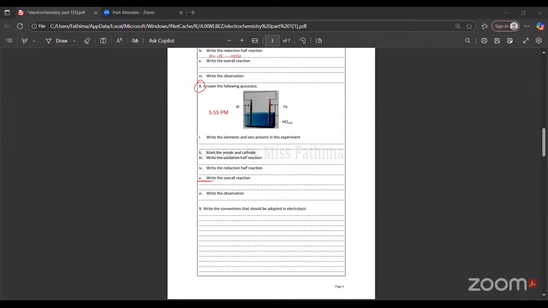How about Fatima, Shazma, Shamra, Yusuf, and who else? Umar, Aisha, send me your answers, children, so we can check. Let's just type it in the Zoom chat and send it to me.